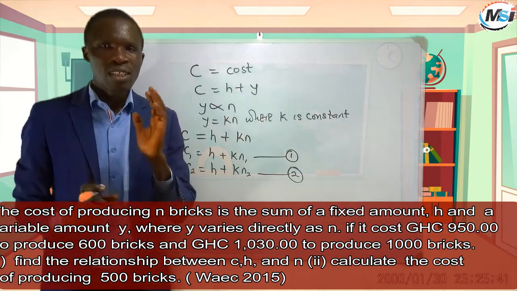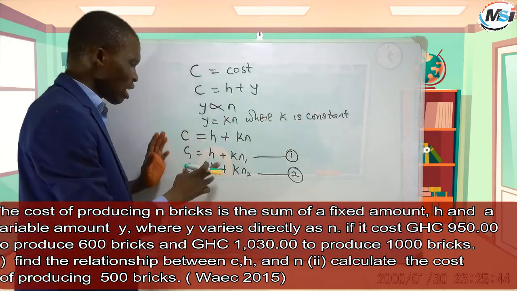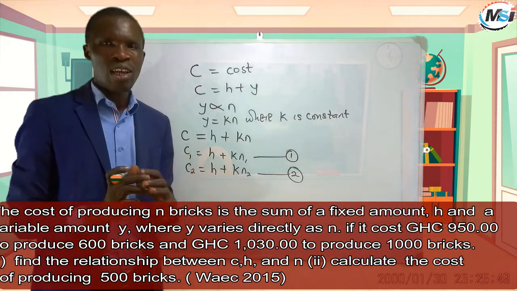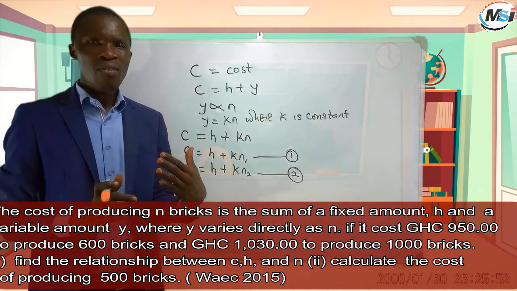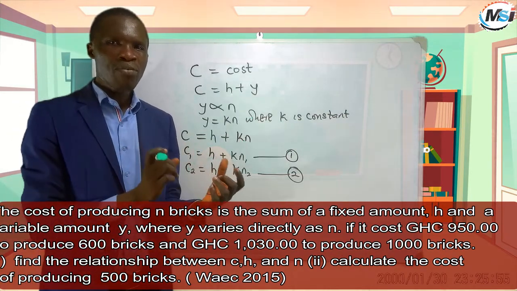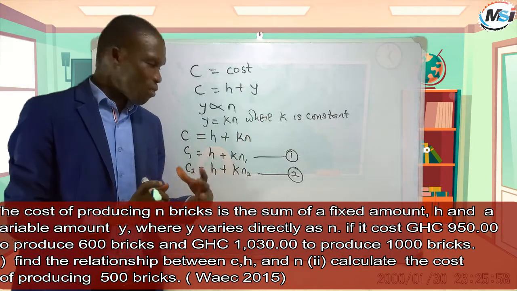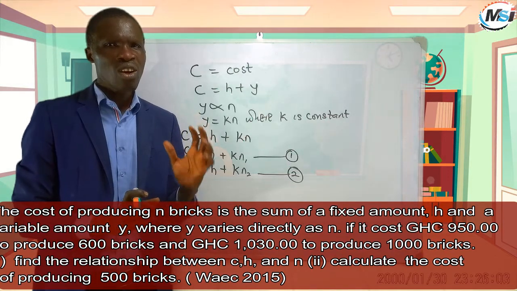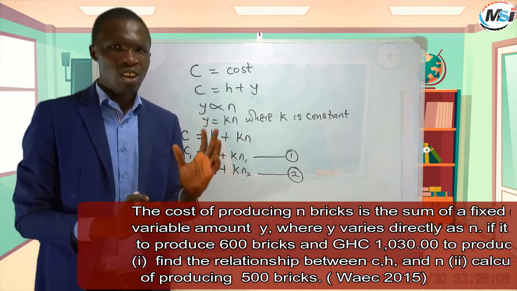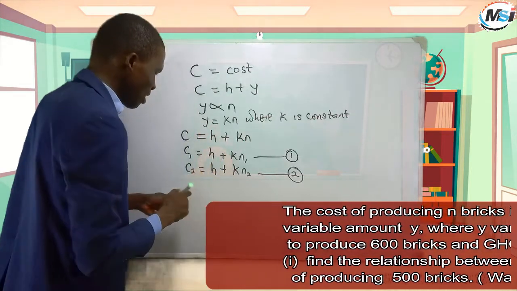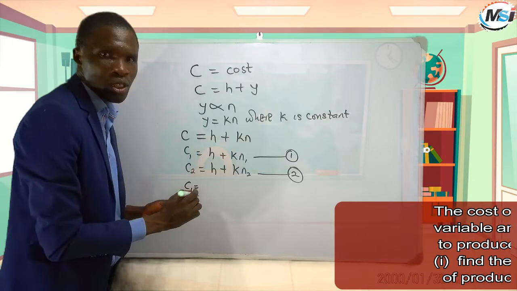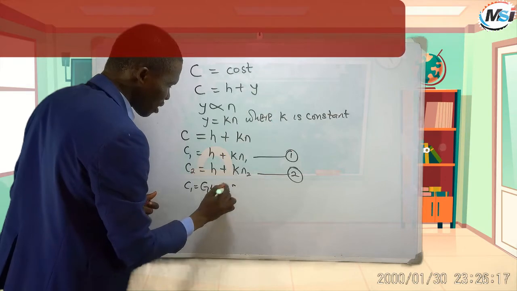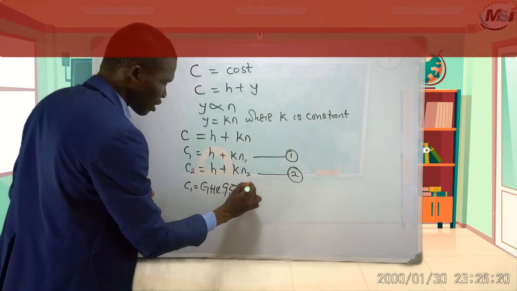Now let's move forward. Now that we have gotten the equation, the next thing to do is you go through the question again, and if you look at the question, if it costs 950 Ghana cedis to produce 600 bricks, that is telling you that C1 will give us 950 Ghana cedis.